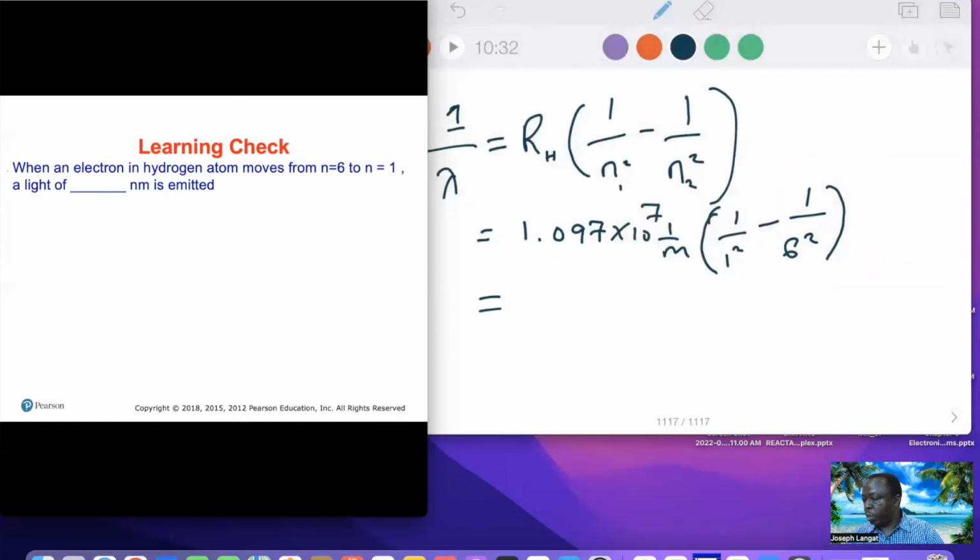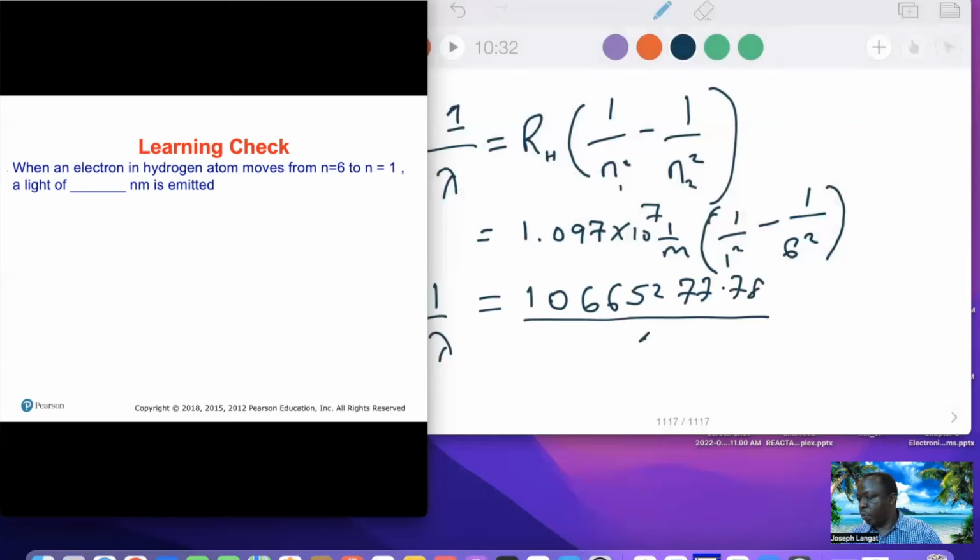If you plug in, that will be 1, or on this side 1 over lambda equals 1.06... All right, 527.78, all right, over 1.